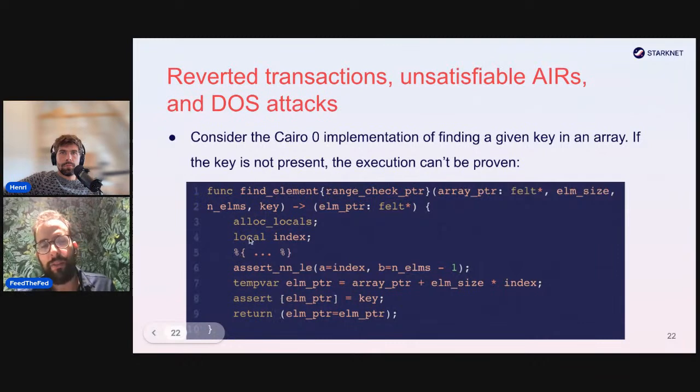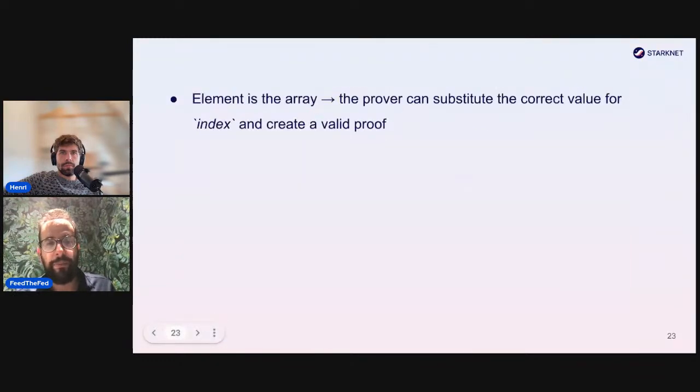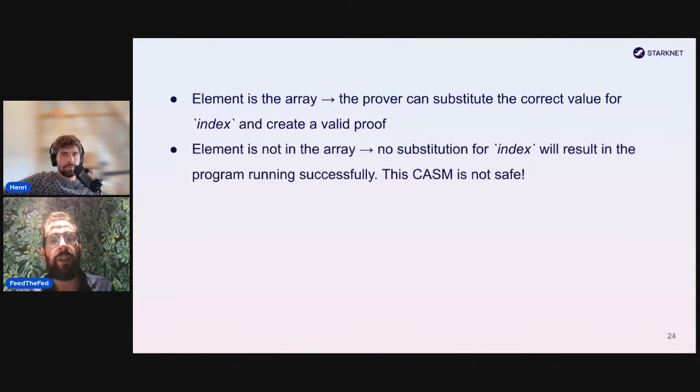I want to claim that this code contains a very dangerous weakness. If the element is in the array, the prover can easily substitute the correct value for index and create a valid proof. In the happy flow, nothing goes wrong. However, if the element is not in the array, there's nothing we can put in the index variable that will result in the program running successfully.